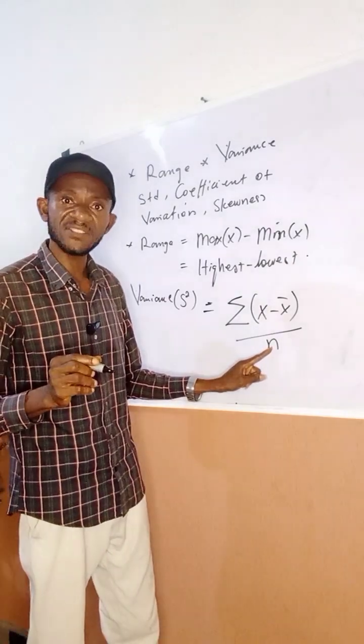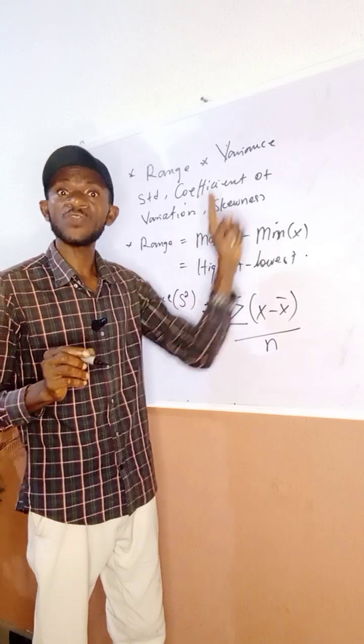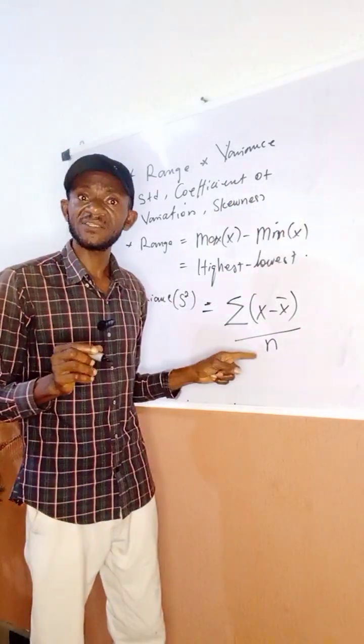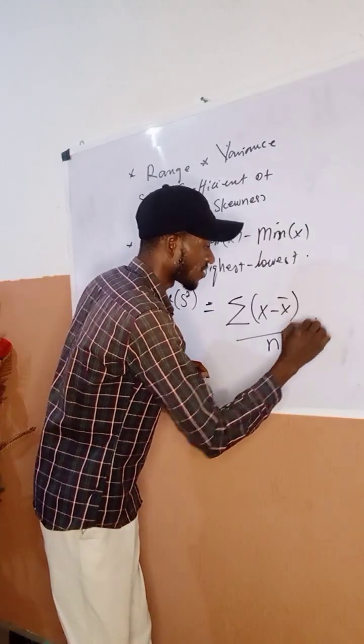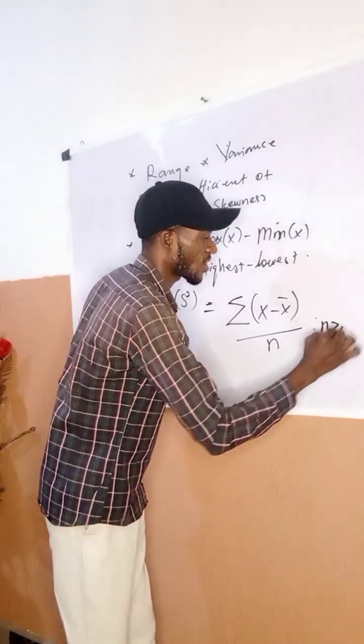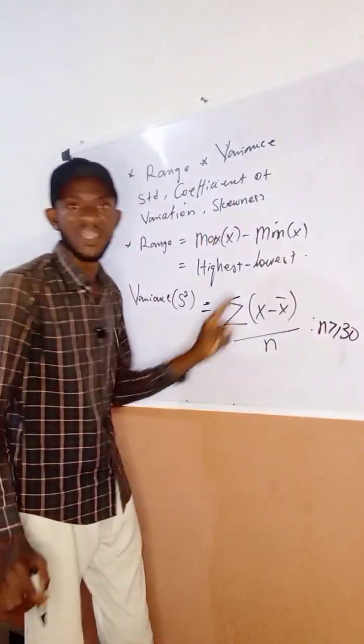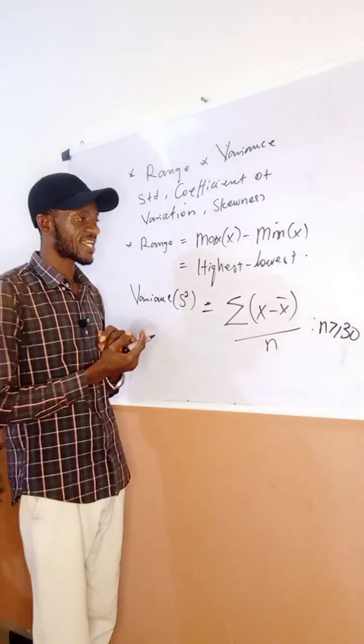That condition is N is greater than or equal to 30, that is, N is a large sample. So we have that condition here, N greater than or equal to 30, making N a larger sample.